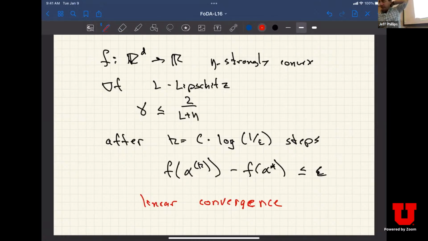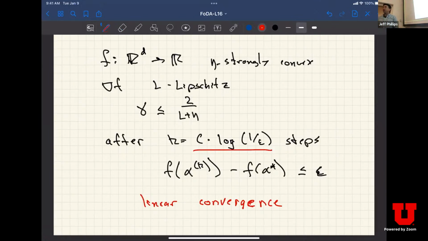What is this saying? The way to interpret this is basically every constant number of steps I take, I resolve one digit of precision, right? I'm getting the right function value, and the function value is getting a digit of precision every constant number of steps.